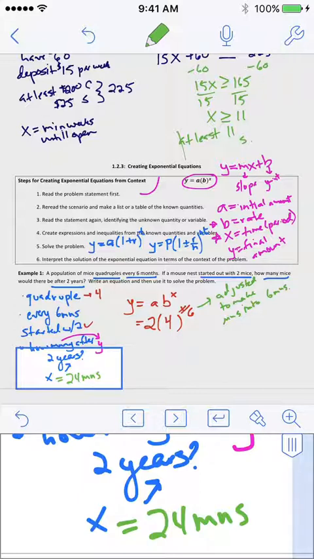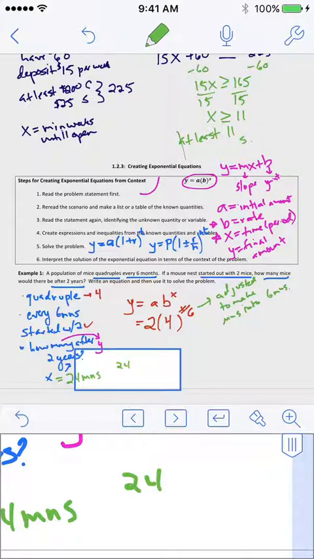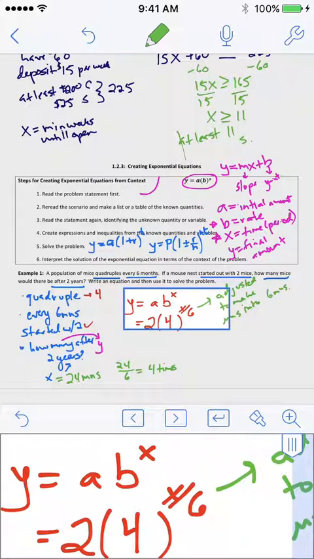When it's quadrupling every 6 months, then it's happened how many times? Well, if I have 24 months and it quadruples every 6 months, that's going to be 4 times, right? So that's why we adjusted it that way. Notice that in order to get how many times it actually happened, we had to divide by that 6. So that's why I divided by 6 in the problem.